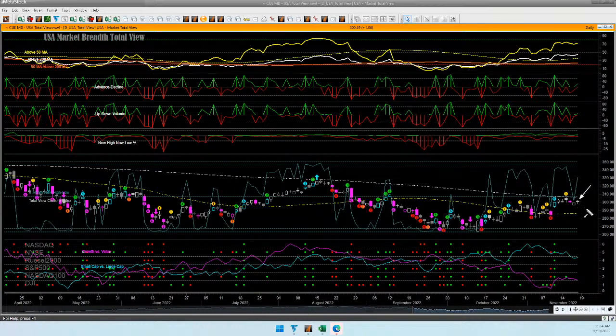Friday's candle shape is indecisive for this composite index, total view index. What is in favor? Small cap versus large cap is tilting down. So large cap is doing better than small cap. What about growth versus value?